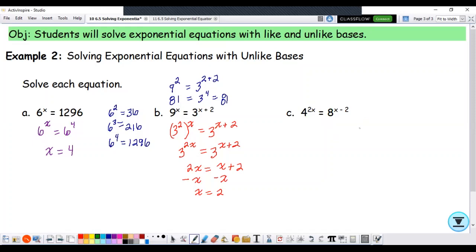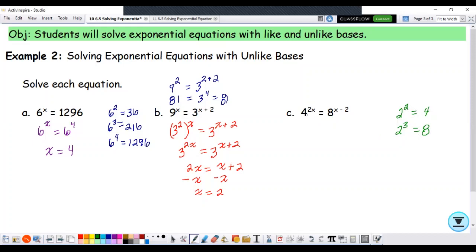So I need to think, is there a number that when it's written to a power will give me 4, and that same number when written to another power will give me 8? I know that 2 squared will give me 4, and if I take 4 times 2, that's 2 cubed, I will have 8.